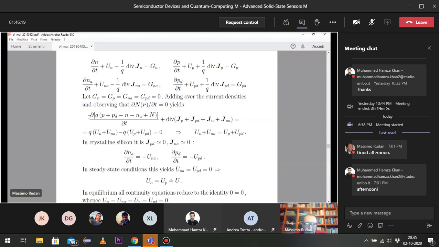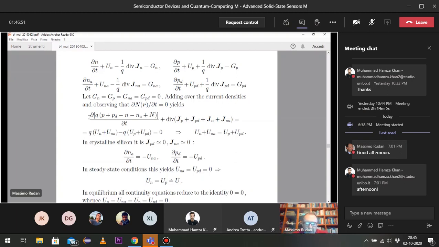So the time derivative is the time derivative of the global charge density of the semiconductor with all contributions present. The divergence operator also embeds all possible currents. Okay, so this equation is the continuity equation from the Maxwell equation directly, so it must be 0.